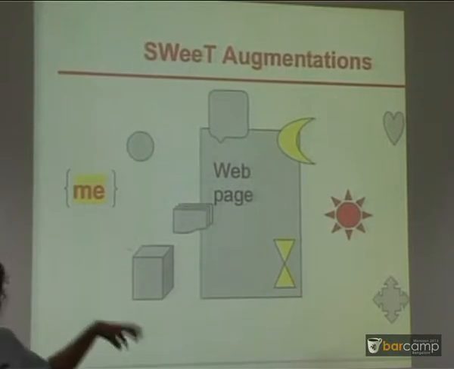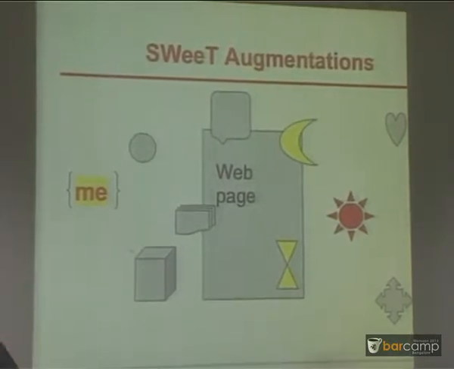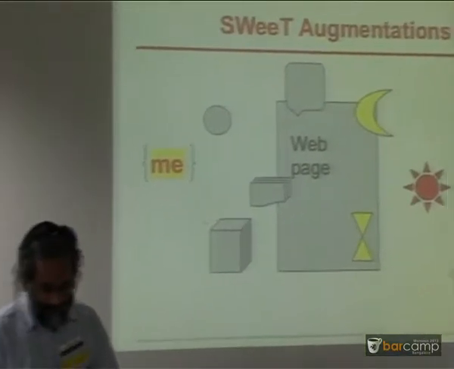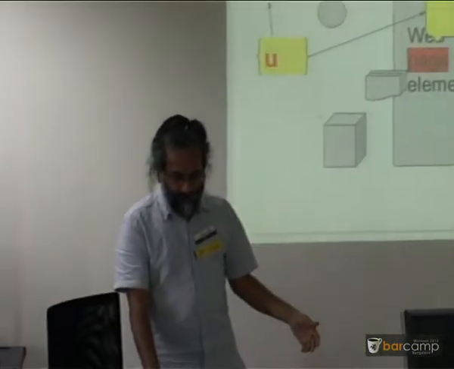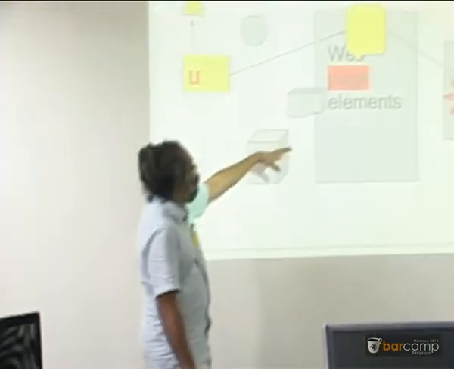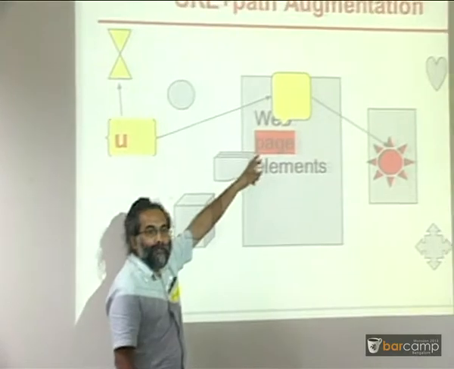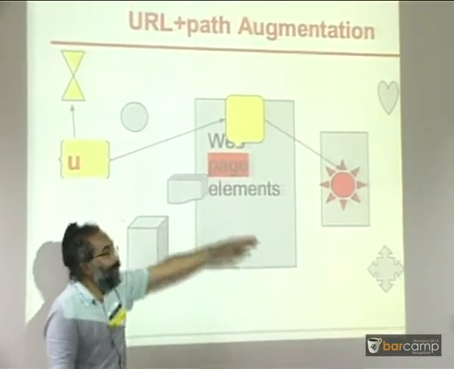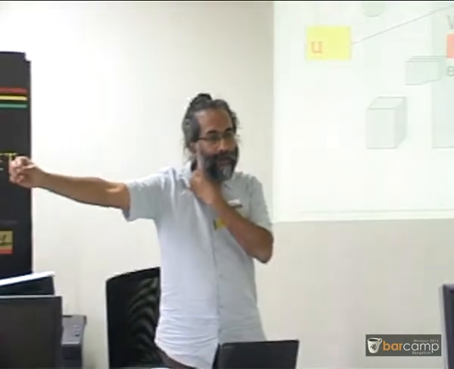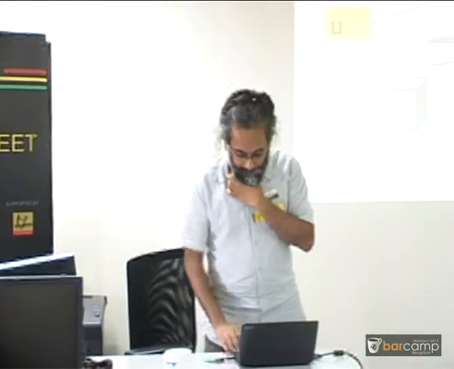So we can keep augmenting the pages as we browse. Okay, and so one thing is, okay, now let's say there is a web page and we pick any element of it and we have something to say and also relate it to something else.